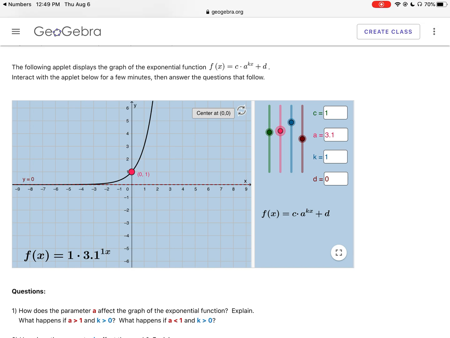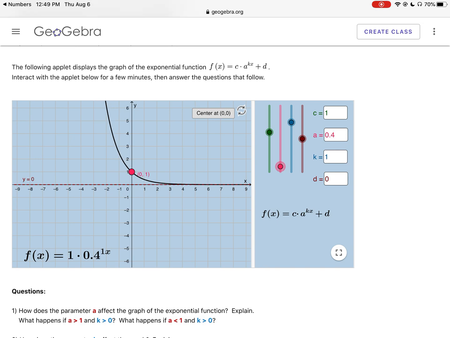As I decrease the value of a and get smaller than 1, notice the curve starts to decrease. The slider only allows me to go down to an a value of 0. It doesn't let me go into the negative. So that's an important property, that a has to be larger than 0.